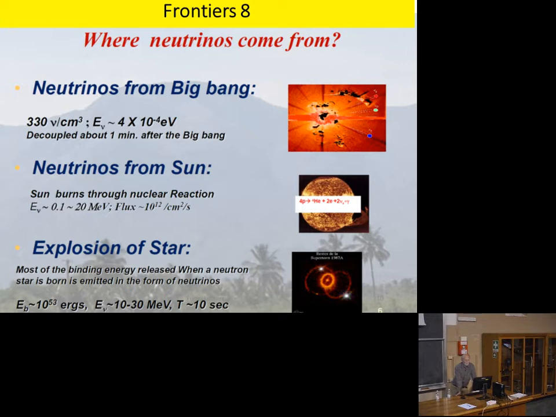Neutrinos that come from the sun come because the sun itself works by nuclear reaction, essentially the fusion reaction. And they tend to be more energetic, not high energy, but energetic, something like 1/10 of an MeV, up to 20 MeV.